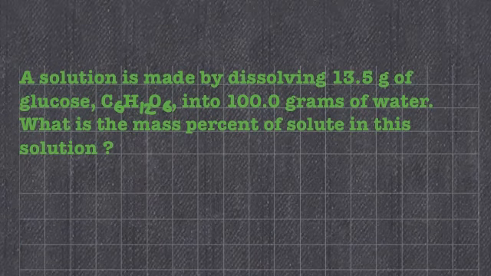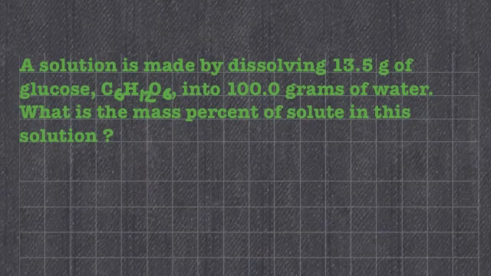Let's look at another type of description, not molarity. It's called mass percent. If I have a certain mass of solute and a certain mass of solvent, and therefore I know the total mass altogether, all I have to do is divide the two. So if I had 13.5 grams of a simple sugar, glucose, the formula C6H12O6 really doesn't matter at this point.